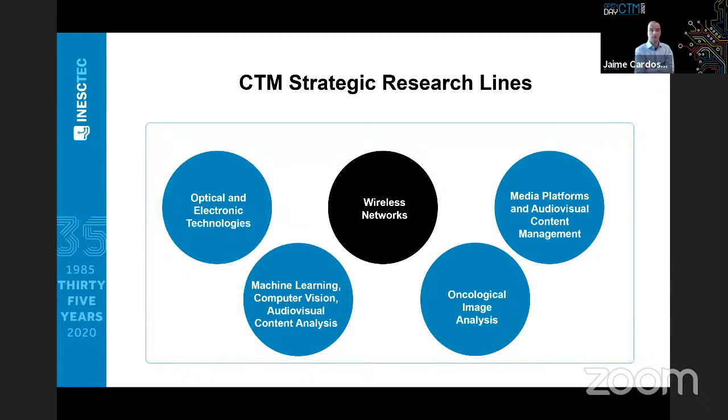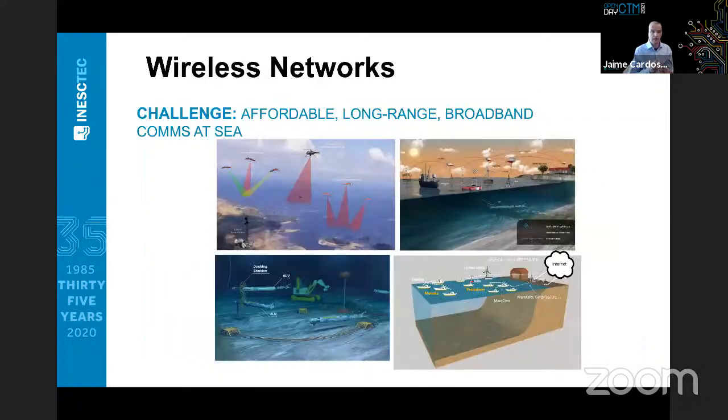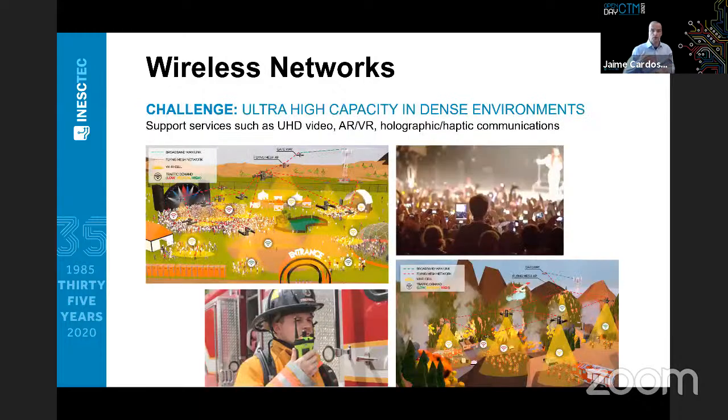On the wireless network area, we tackle challenges related with extreme environments, like maritime environments, focusing on extending the infrastructure to the sea, but not only to the sea, also to other challenging scenarios like sport events, where we have a dense demand for networking, or catastrophic scenarios, for instance.